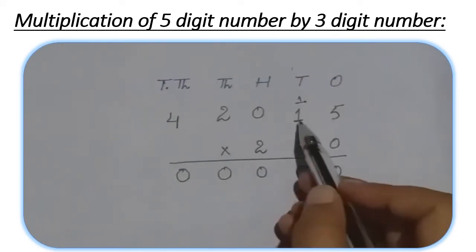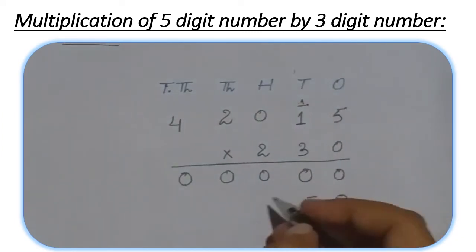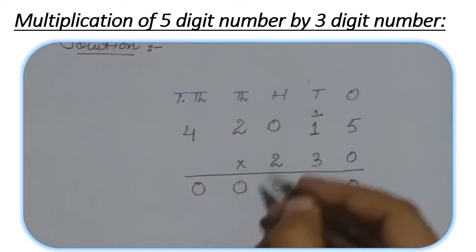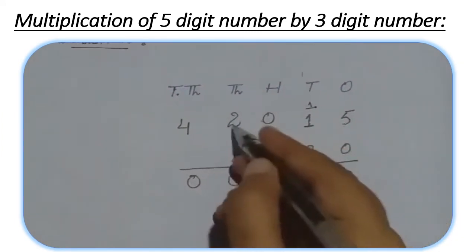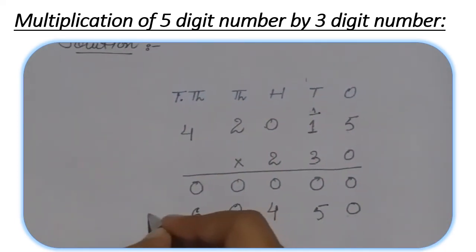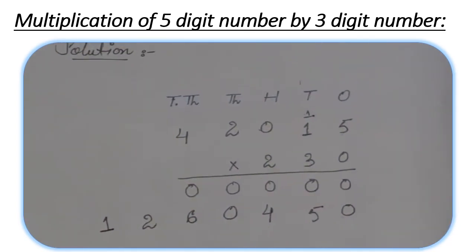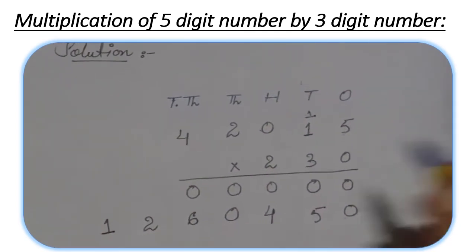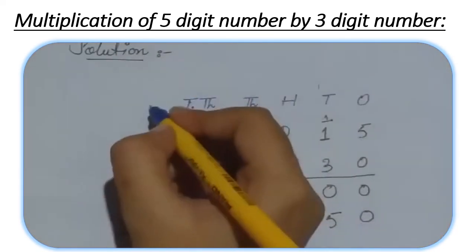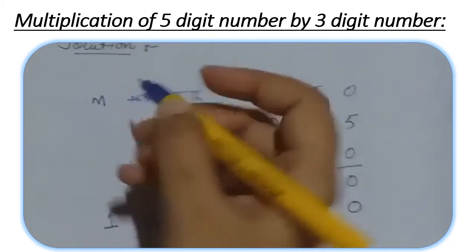Now 3 multiplied by 1, 3. 3 ones are 3 and 3 plus 1, 4. 3 zeros are 0. 3 twos are 6 and 3 fours are 12. This 2 and 1 will lie. 2 will be in the hundred thousands column and 1 will be in the millions column.